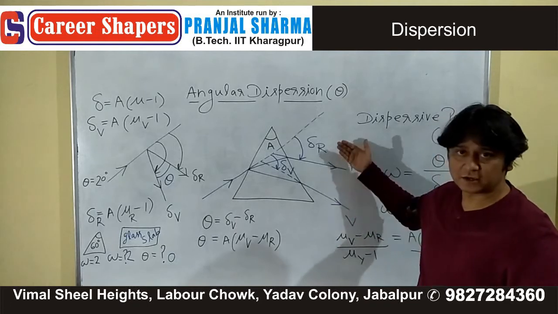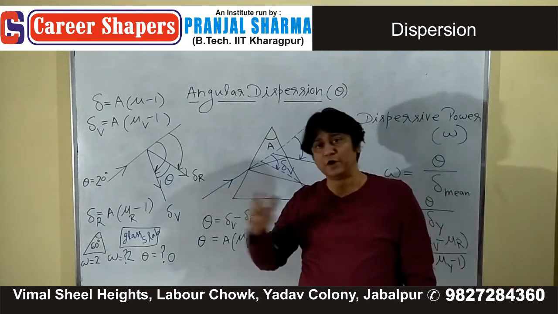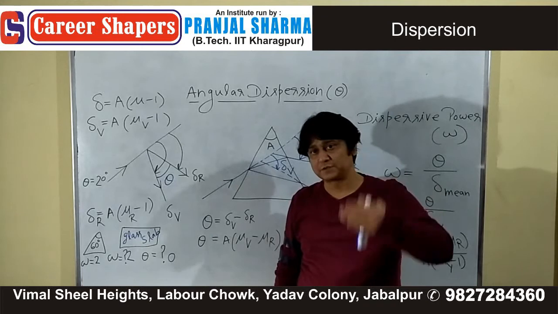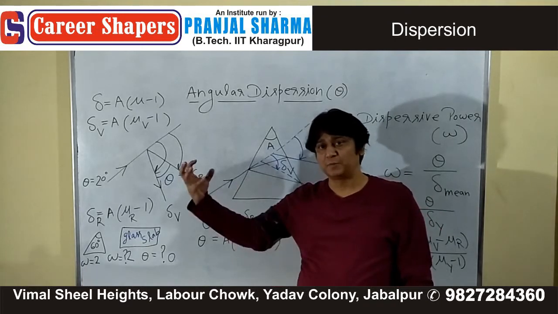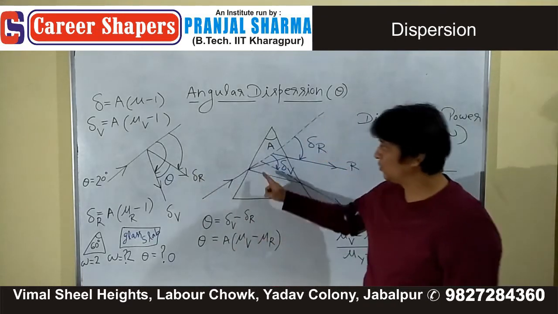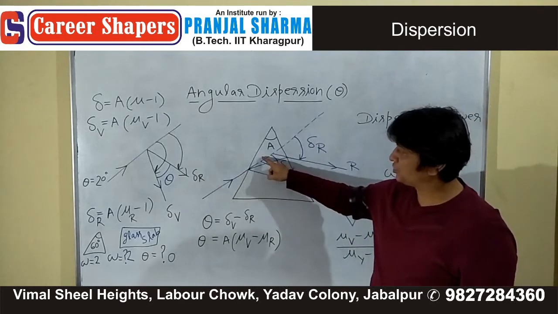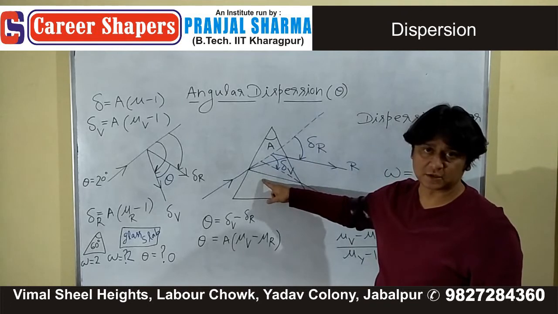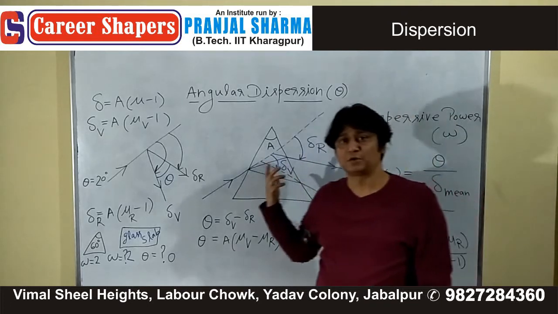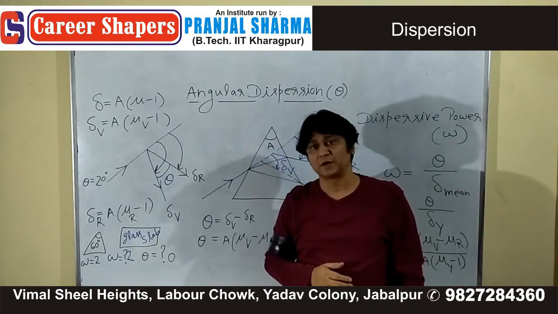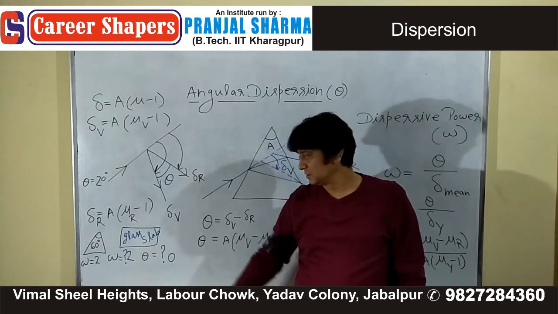But in your windows, you use glass slabs. And when light enters into that glass slab, it should split like this. But ultimately, when it comes out, you do not see any coloring. What is the reason?